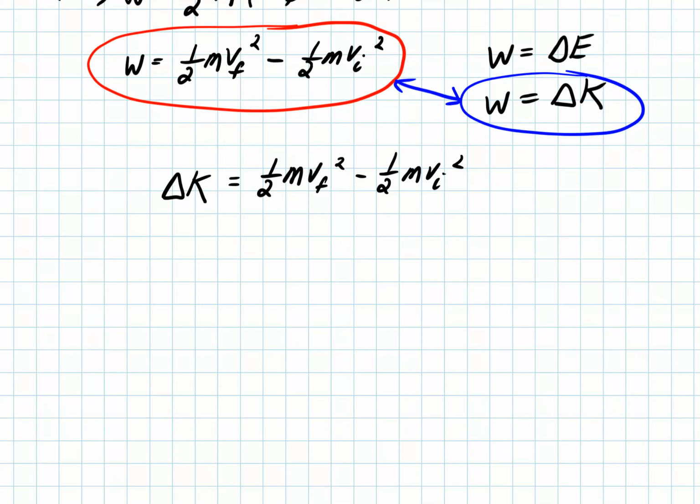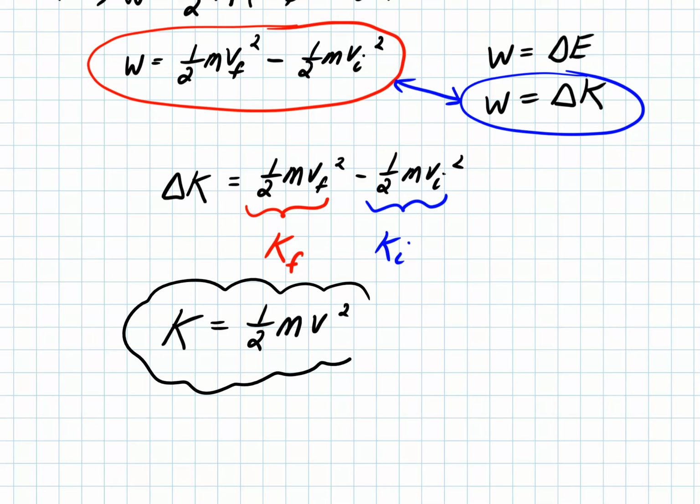And oh my gosh, that means this is your final kinetic energy, and this is your initial kinetic energy. And that means I can quantify the kinetic energy of an object based on 1/2 m V squared.